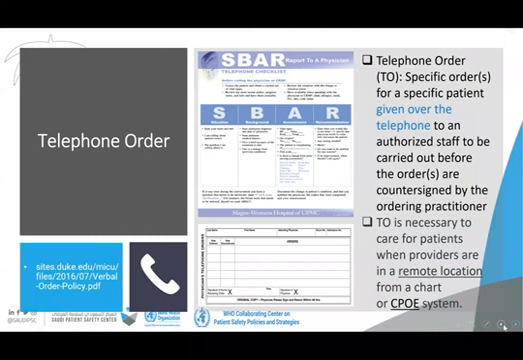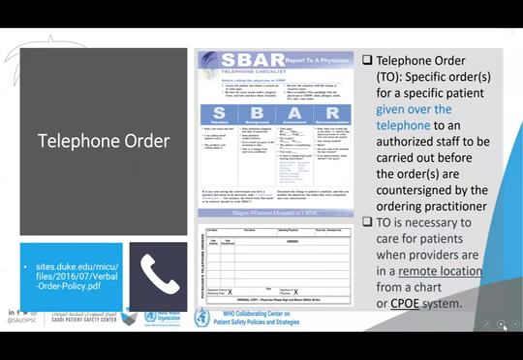Each hospital has a protocol for dealing with telephone orders, and when the physician finishes his part, he should come and countersign whatever he wrote.